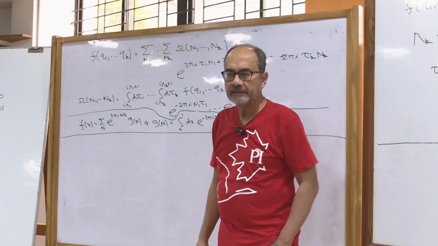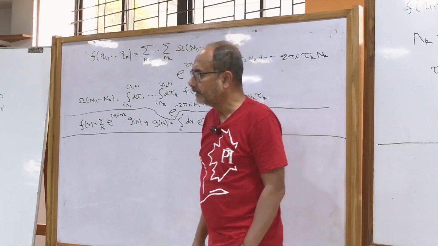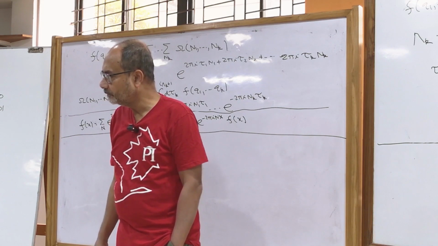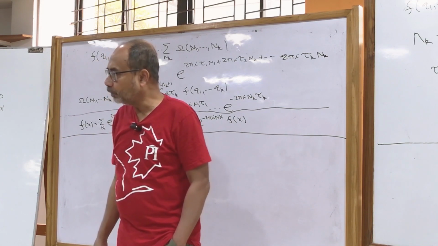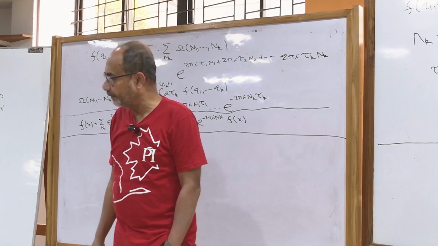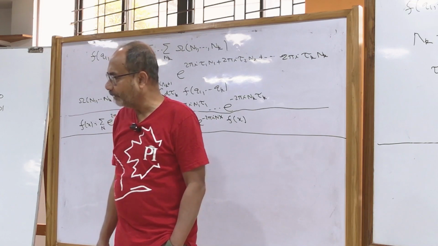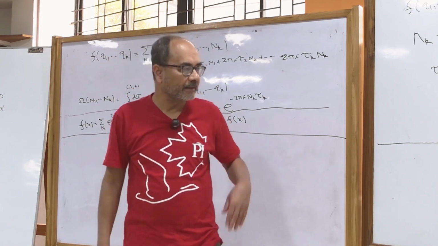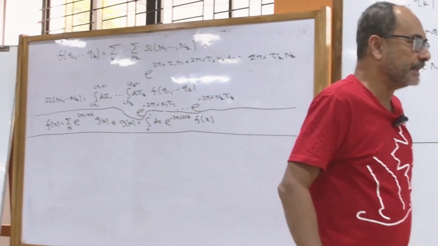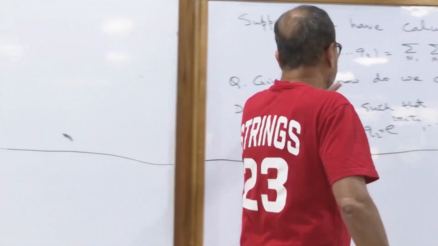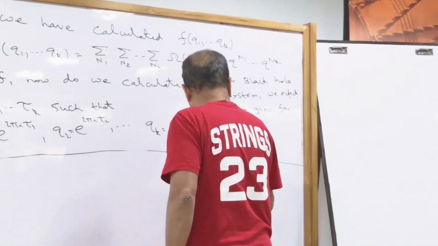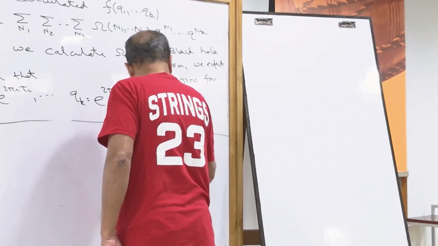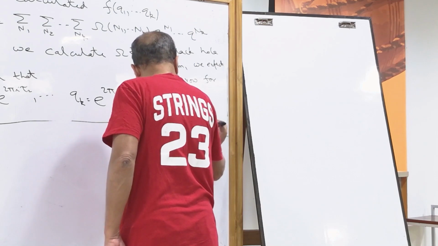It is not necessary for the tau i's to be real. The Q1s are arbitrary complex variables. I have never said Q1s are real. Sorry, the Q1s are not charges. Q1s are the parameters. The Qi naughts were the charges. Maybe I should have used a different variable.